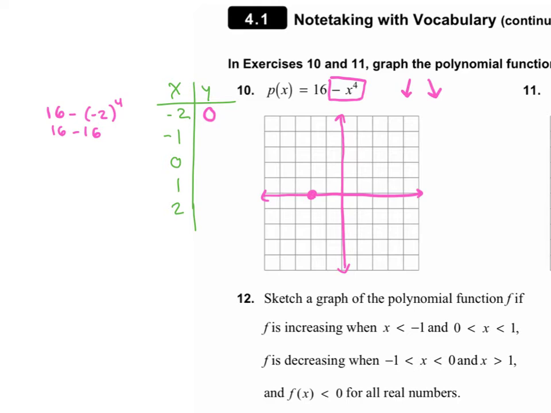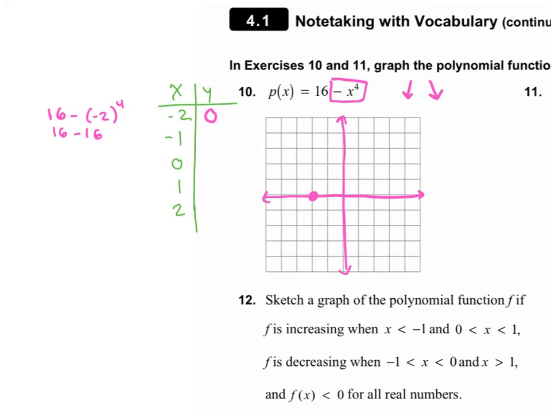Next we plug in -1, so we have 16 minus 1, which would be 15. So we go to -1, the left one, and then go up 15. So 1, 2, 3, 4, 5, 6, 7, 8, 9, 10, 11, 12, 13, 14, 15. So our next point would be there.